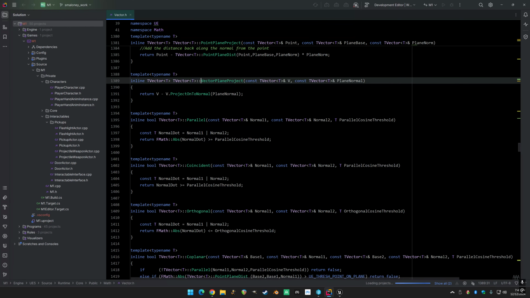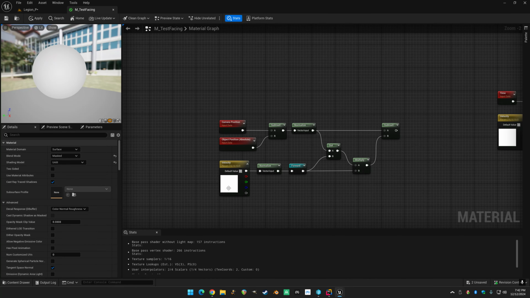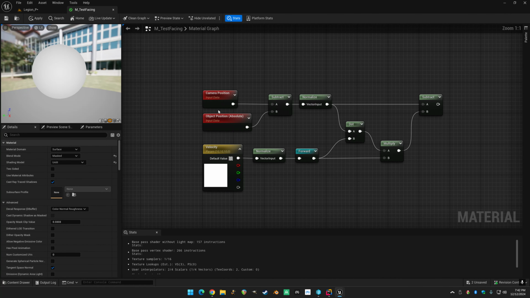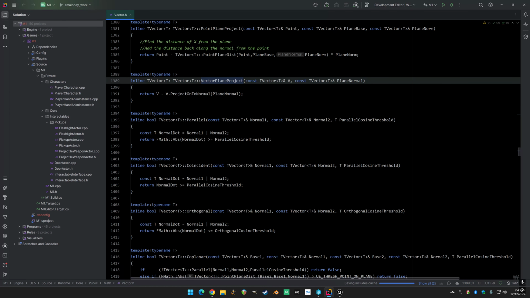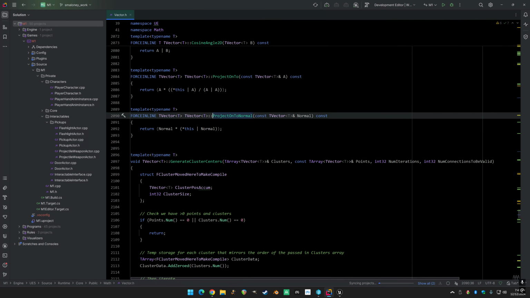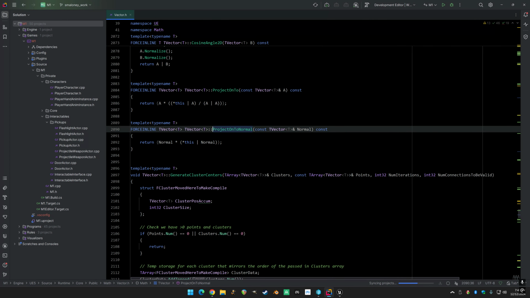There we go. So you see, the vector minus the vector projected onto the normal, right? So that would be our camera vector minus the projection, which is the normal times the other vector dot the normal.